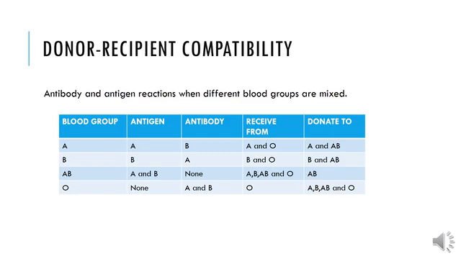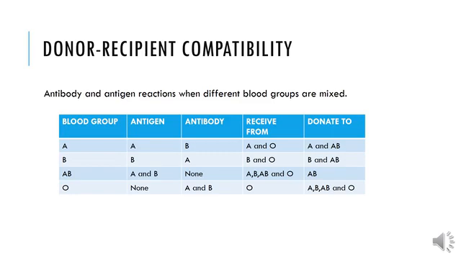In clumping or agglutination, the blood cells from a donor and recipient stick to each other. So you have a reaction between the antibodies and the antigen. The antigens on the donor's blood react to antibodies produced by the recipient's blood.